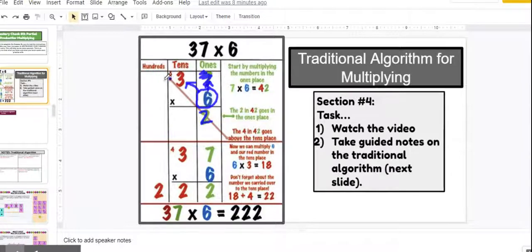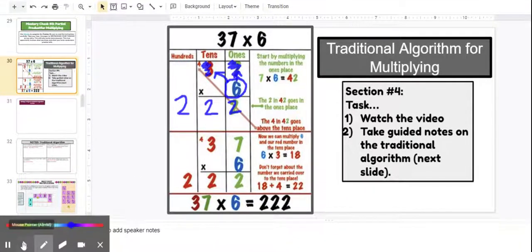But I need to remember to add this 4 from the 42. So we take 18 and add on the leftovers: 18, 19, 20, 21, 22. So we have two tens and two hundreds. As we have multiplied all the parts by all the parts, and remembered to add on our extras, the 4 from the 42, we get our total of 222.